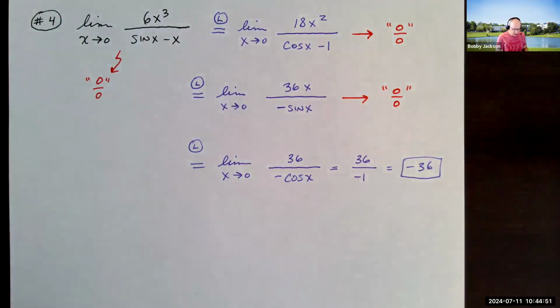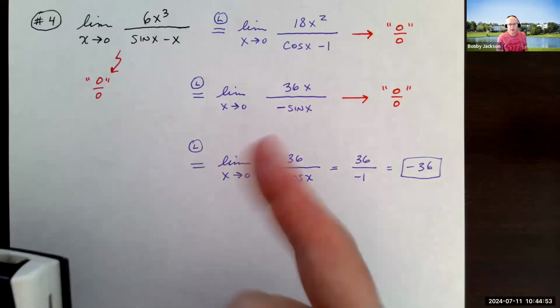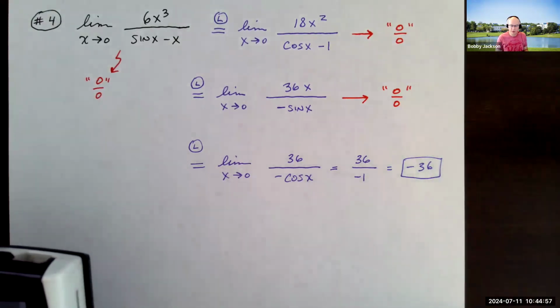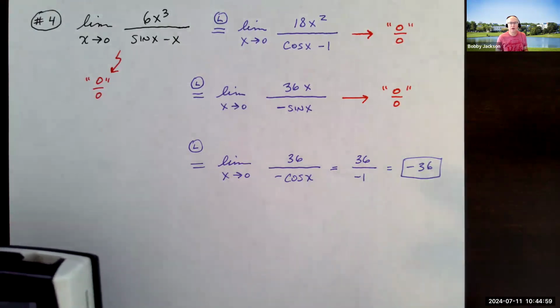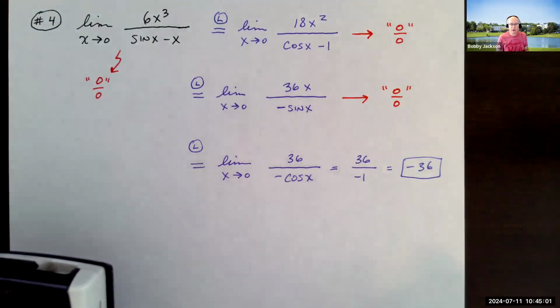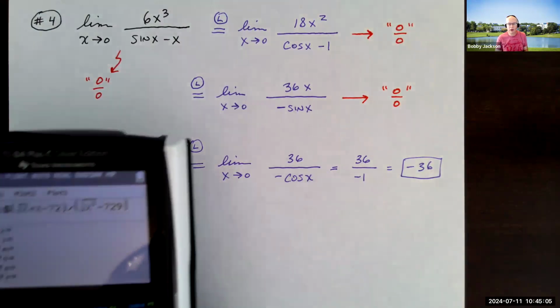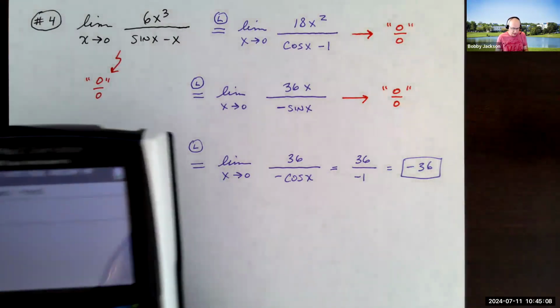Now, let me just add a little addition to this. As you're doing these problems, these are fairly simple, but you could make a mistake perhaps in the process. Is there any way you could check your answer? Well, yes. Remember, from the very beginning we looked at limits numerically, and you can still do that here.